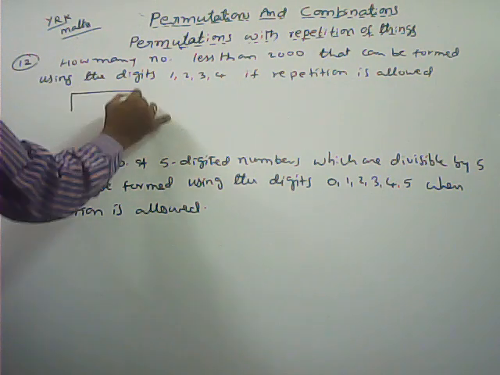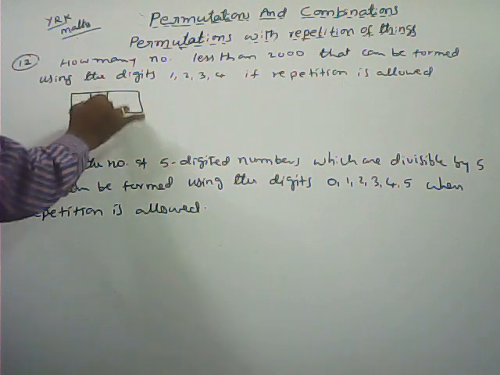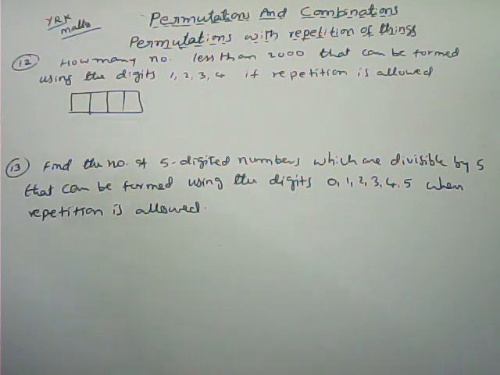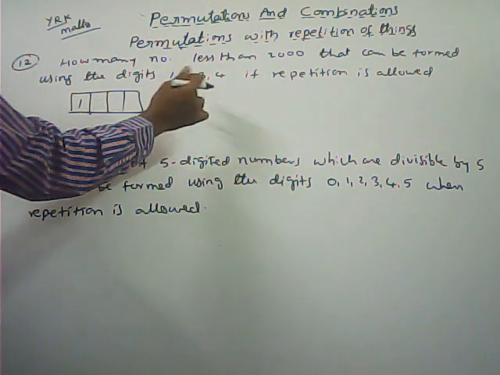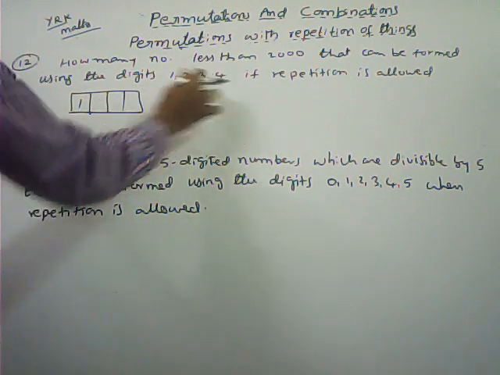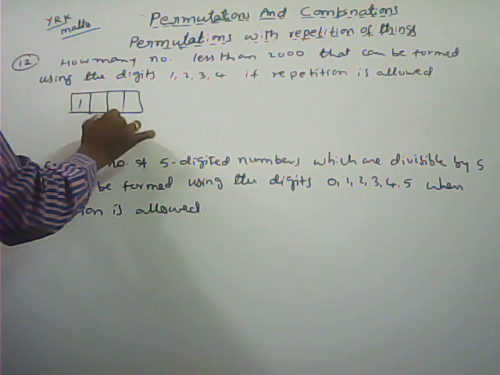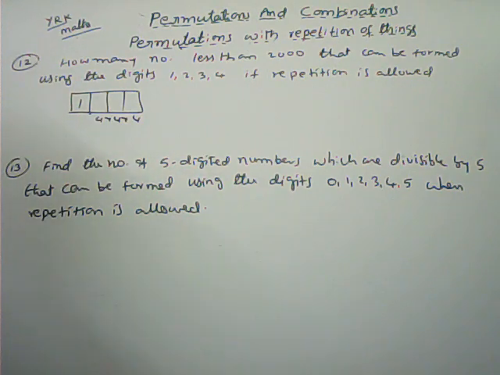Less than 2000 means first place occupied by 1. In the second place we can keep, repetitions are allowed, 1, 2, 3, 4. Here 4 ways are there. Here also 4 ways are there. Here also 4 ways are there. Total how many are we getting? 64. 4 cube.